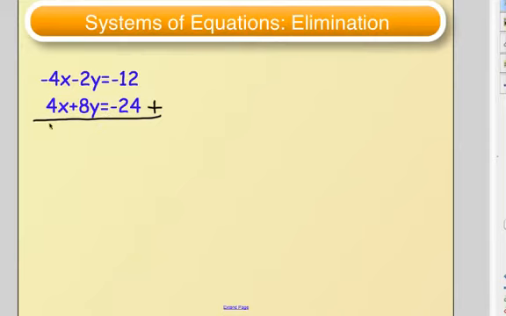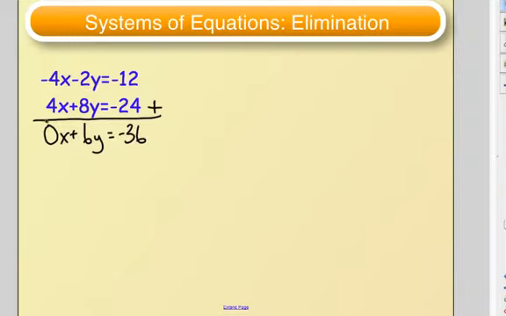So if I put these two together, negative 4x plus 4x, I'm going to get 0x. Just follow along with me. Now I have negative 2y plus 8y, which gives me positive 6y. And I have negative 12 minus 24, which gives me negative 36.